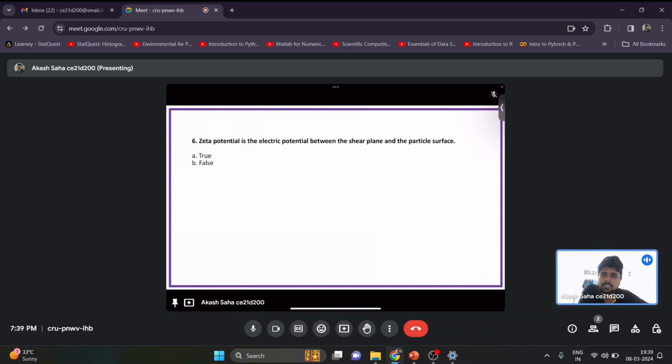It says that the zeta potential is the electric potential at the shear plane of the particle surface. Is it true? Just think about it.